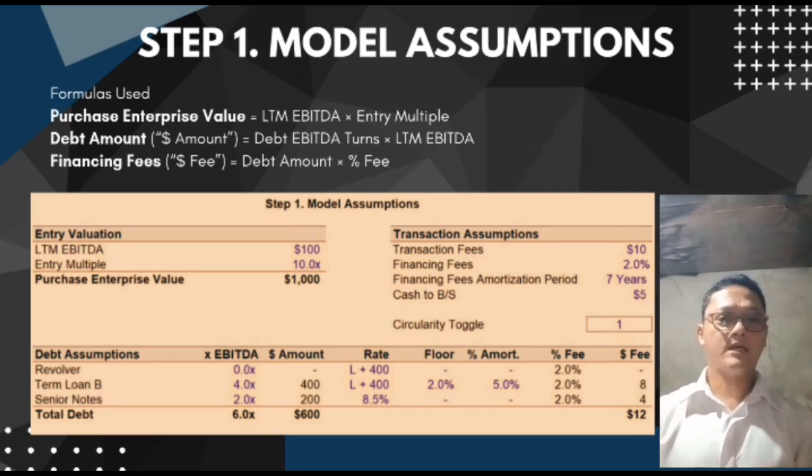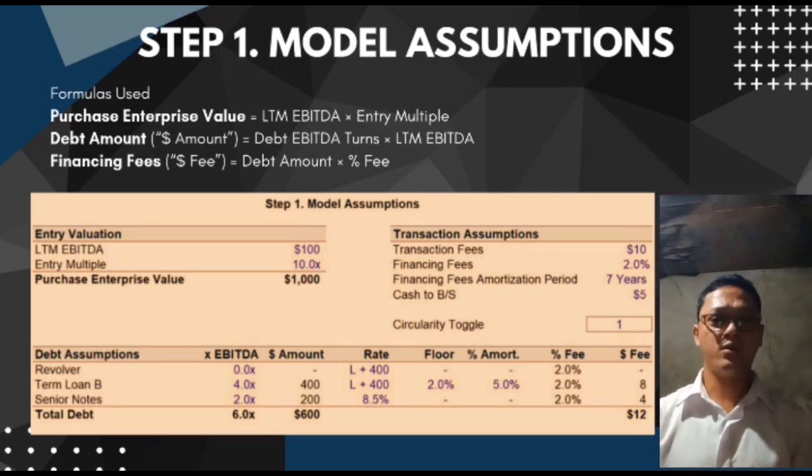For instance, we can see that 400M was raised in the term loan B as the amount was 4.0x EBITDA. The total initial leverage multiple used in this transaction was 6.0x, since 4.0x was raised from TLB and 2.0x in senior notes.